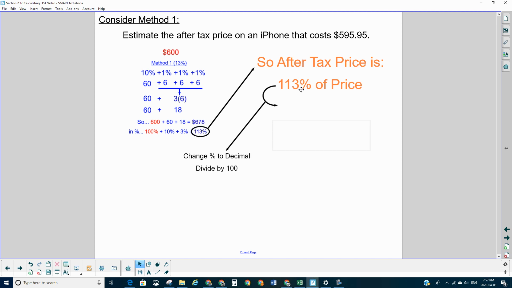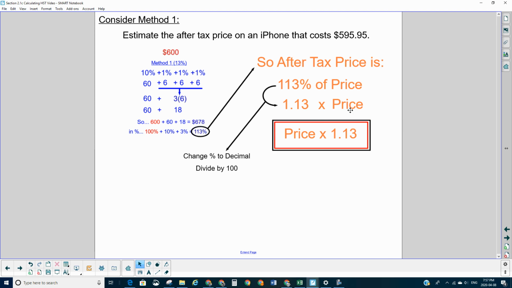So 113% divided by 100 is 1.13. Of means times, and the price would be there. So to calculate the after-tax price, we take 1.13 times the price, or the price times 1.13. And that formula will allow us to calculate the actual after-tax price.